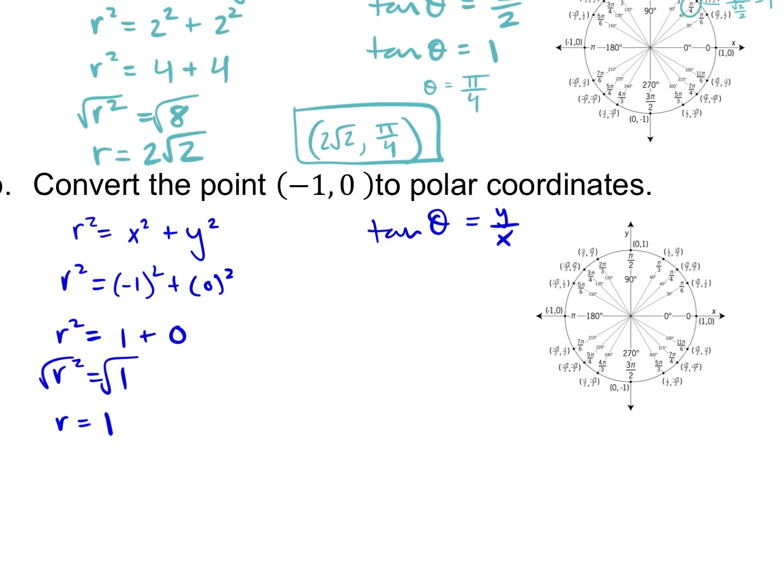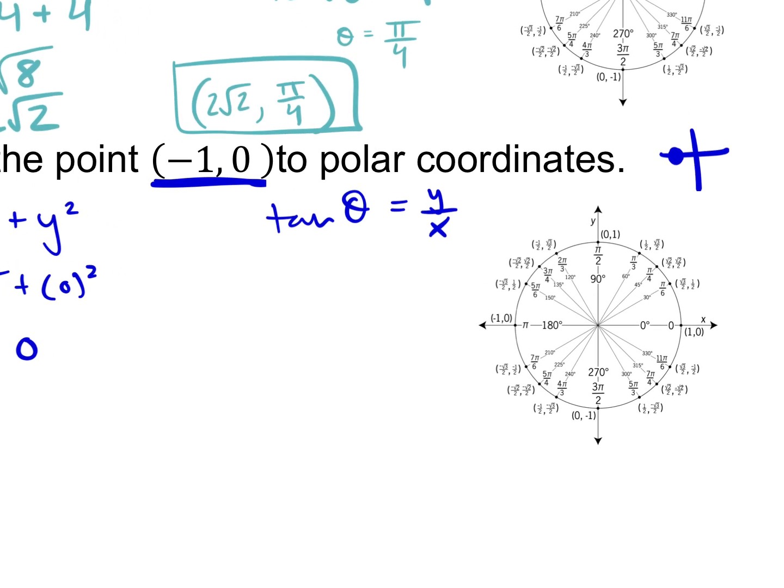Let's figure out where our point is here. That way it'll help us find our tangent. So I would go to the left to -1, stay at 0. So our point would be on the x-axis. This is super helpful because we get an idea of where our theta is going to be. So here we have tangent of theta equals 0 over -1.